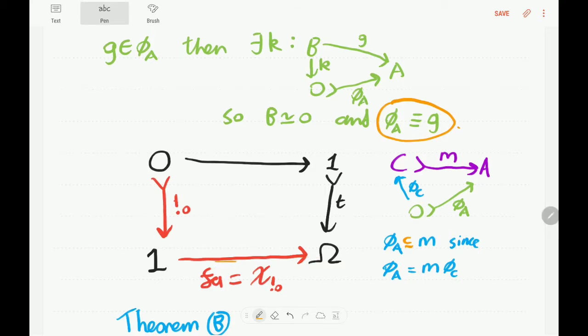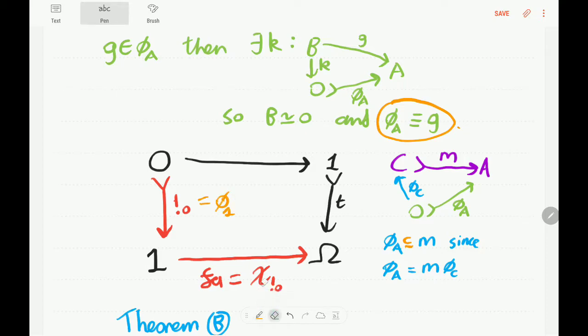So for our initial object, we have this arrow which we could call exclamation mark 0, or equivalently 0,1.